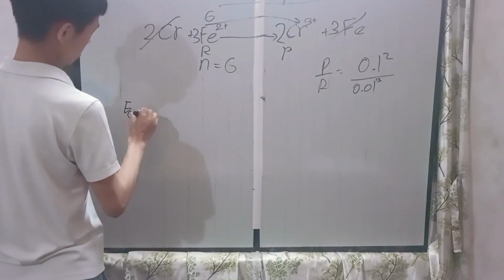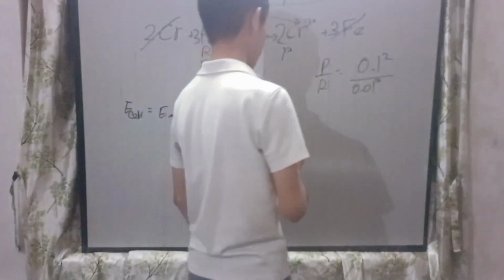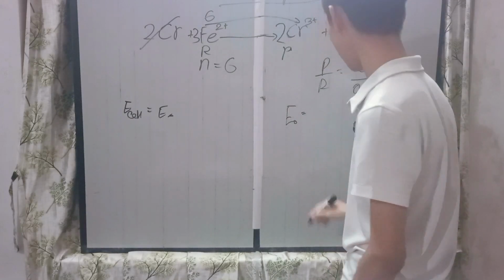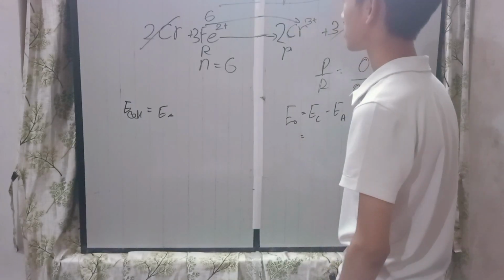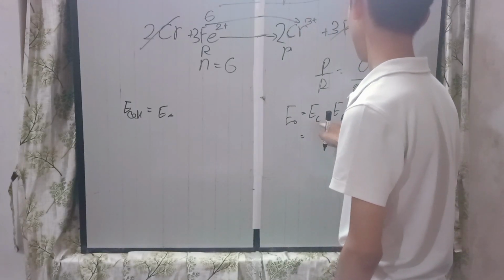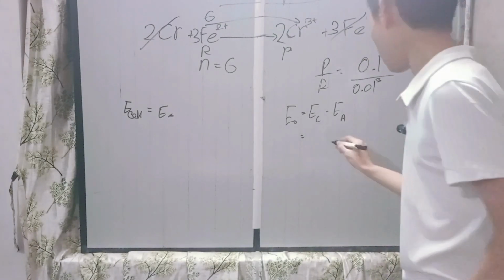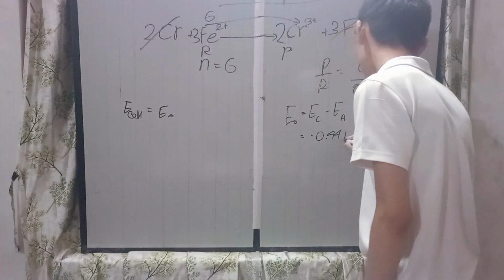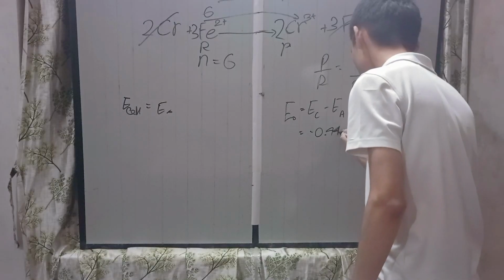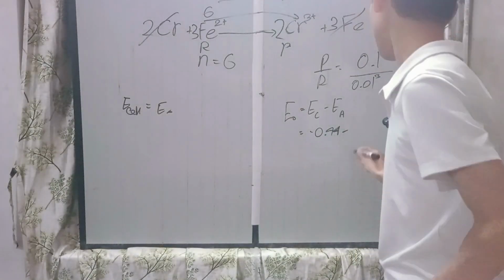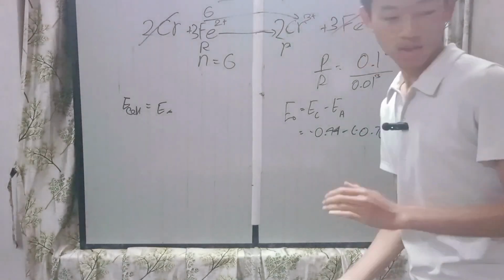E cell is equal to E naught minus the correction term. We don't know what E naught is, so let us find it: E naught is equal to E cathode minus E anode. That is negative 0.44 minus negative 0.75, negative negative positive.